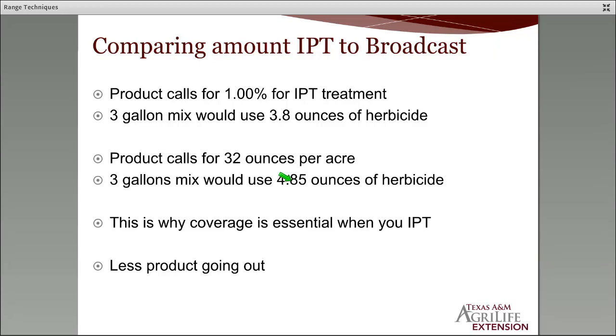You get less coverage with broadcast, but we put in more herbicide and spray in a higher concentration of that product. That is why we have less product going out.